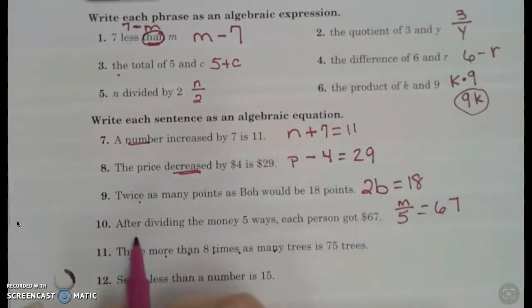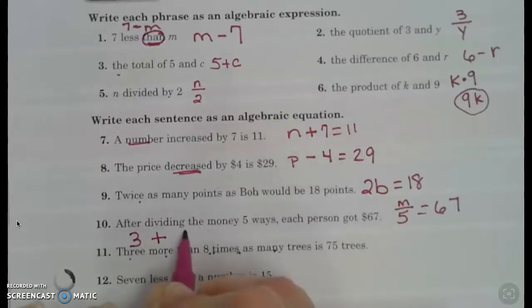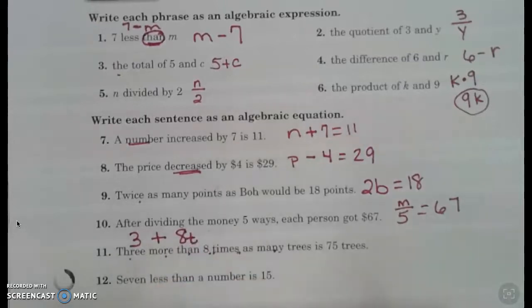So I've got 3 more than, which means add, and it says 8 times as many trees. So I'm going to put 8 times, and I don't like using T's, but I'm going to put a T there. 8 times as many trees. Well, I've got that word "than." And that word "than" is the word that gives us a headache sometimes.